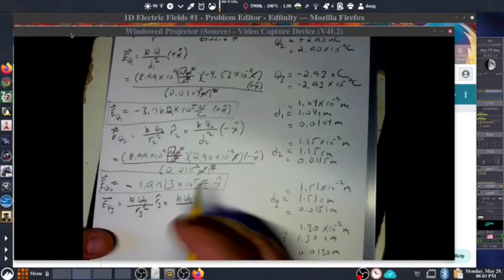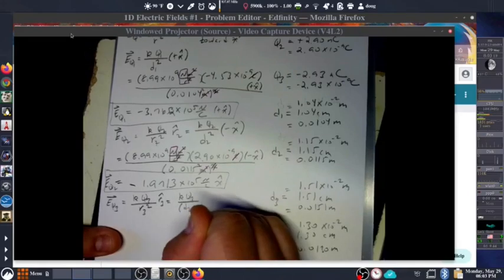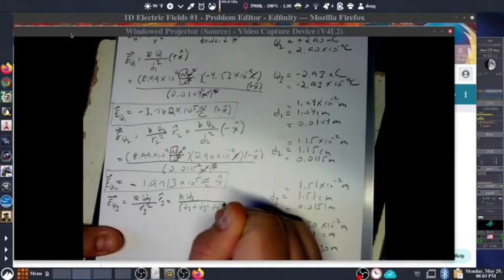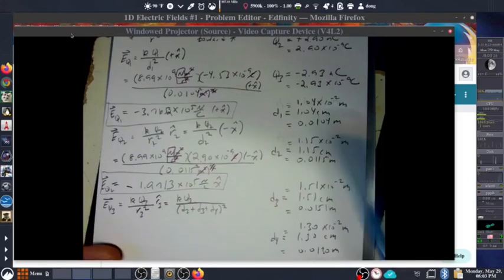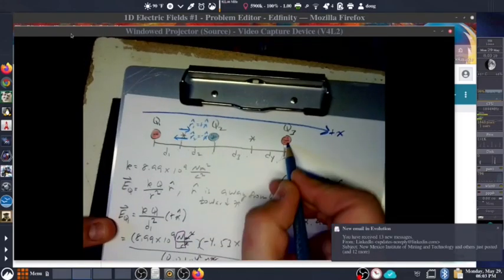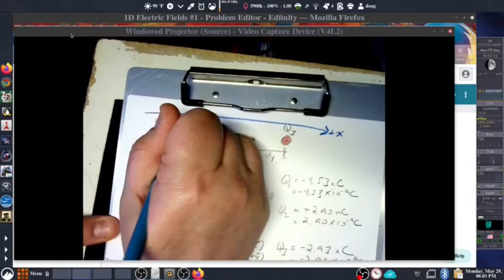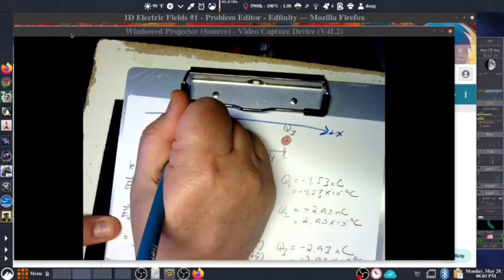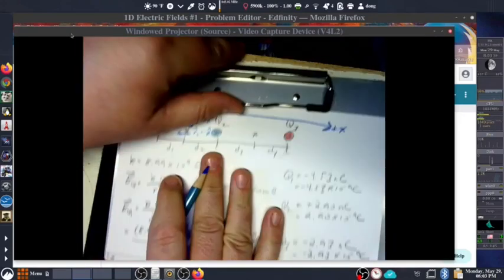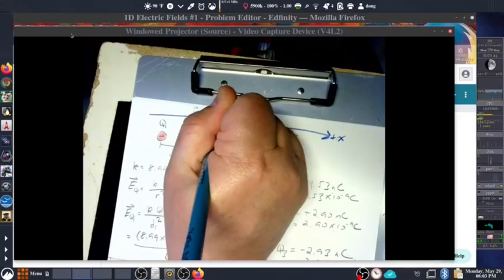I need to add all those up here. So D2 plus D3 plus D4 squared. And then for the R hat, I want the vector that points away from this charge at this point. That would be this way. So this would be R3 hat. Kind of running out of room here. And this is also minus X hat.